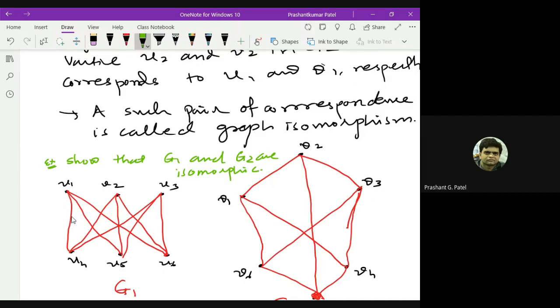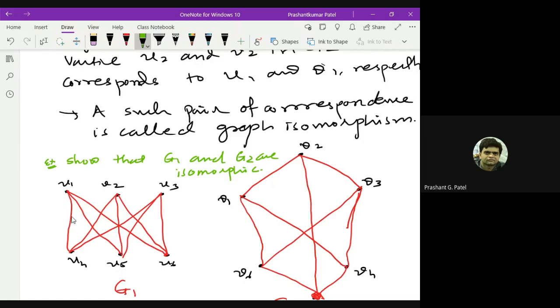First of all, if there is a one-one correspondence, then the number of vertices and the number of edges should be the same in both graphs. Only then can we establish a one-one correspondence. Otherwise, we cannot establish it between them.